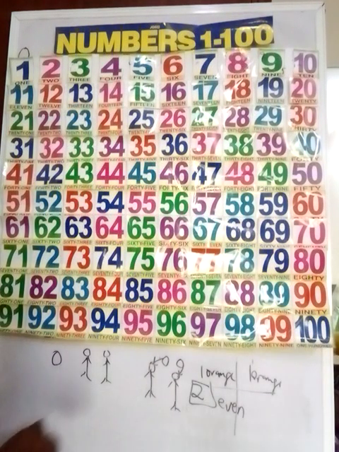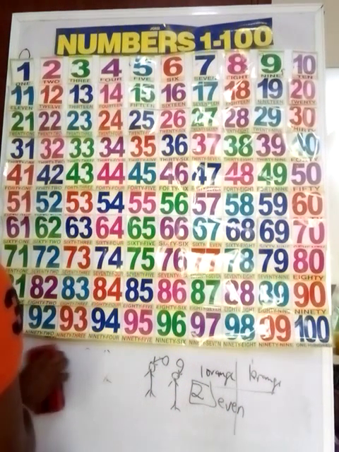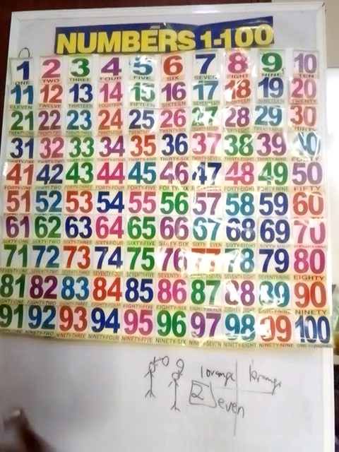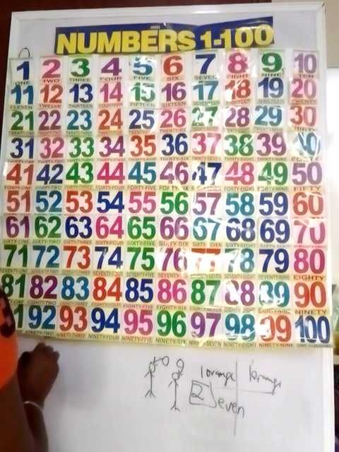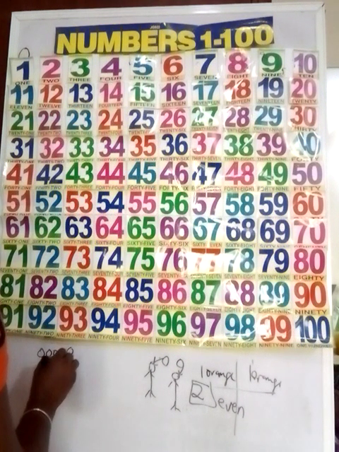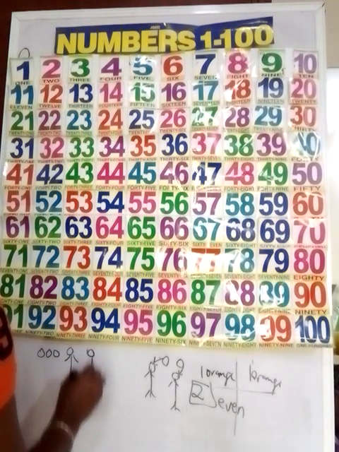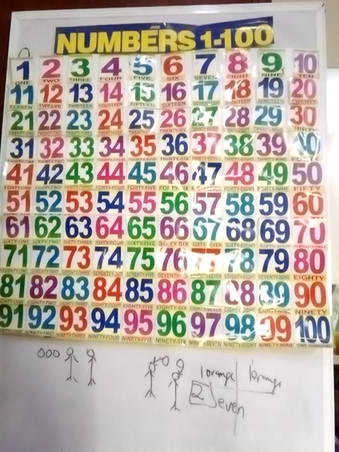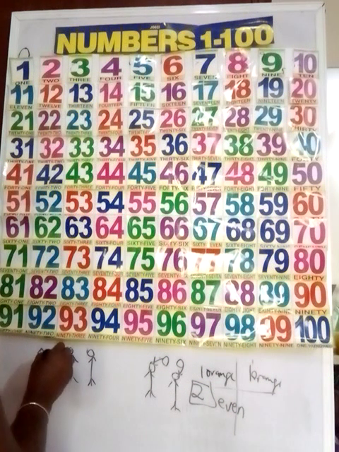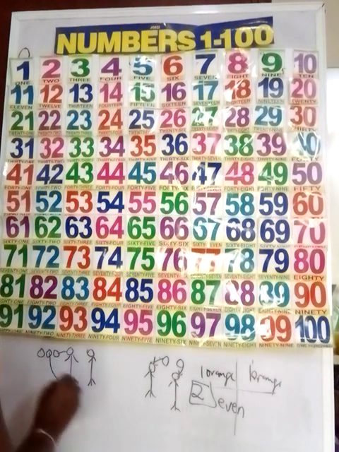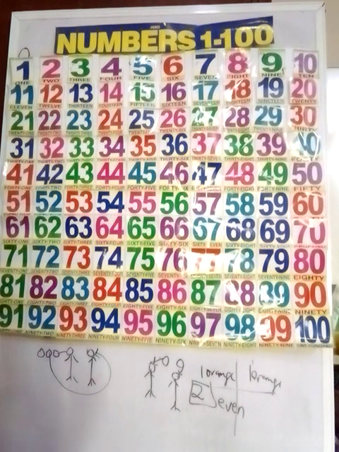Let's try to work with 3 oranges. I hope we can see the board. We have seen that we can't share 1 orange among 2 people. Now let's look at 3 oranges. We have 1, 2, 3. We're still sharing them for these 2 stick men. So the first guy takes 1 orange, the second guy takes 1 orange, and there's one more orange left. Like we mentioned earlier, we can't share that one between these two people because that's going to lead us to fractions, and we are not dealing with fractions.